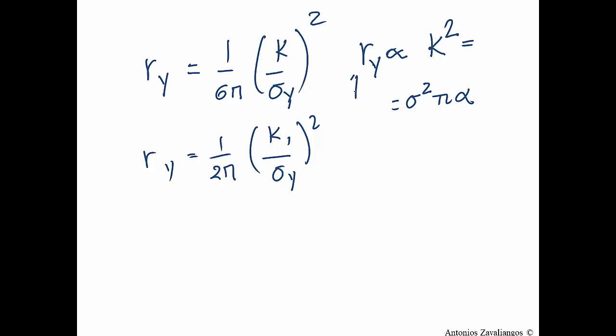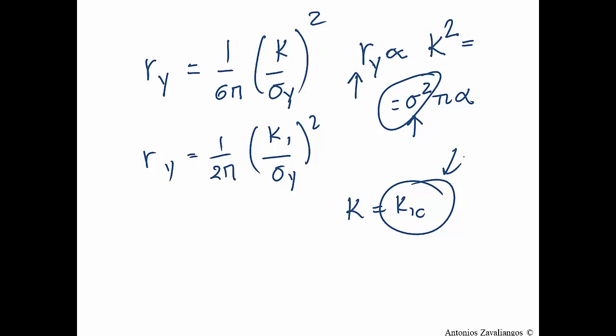So the plastic zone is proportional to the stress squared. The maximum value of the plastic zone will be when K is equal to K1C, which is the fracture toughness, right? And so if you substitute this here, you will get the maximum of the plastic zone.